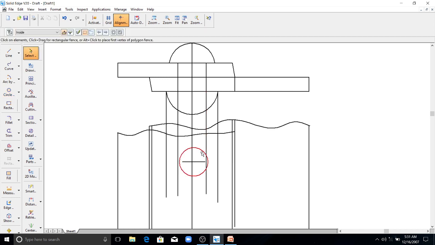It is not taking proper center. That's why it is coming here. So for this, I'll do like this. See, now it is coming properly. So this is the diameter of the shank.